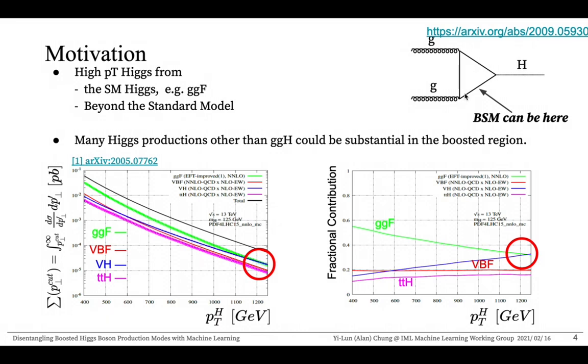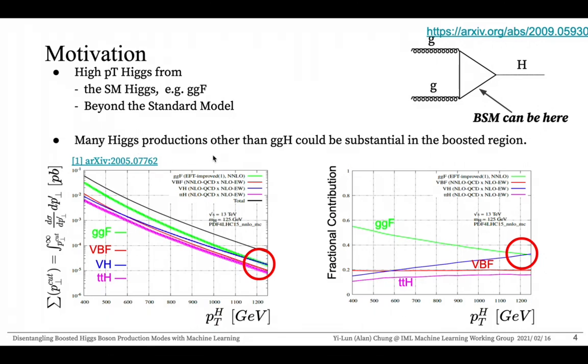The same loop could potentially receive contributions from beyond standard model particles. This could provide an enhancement of the Higgs production. Therefore, a study at high transverse momentum has a chance to probe potential heavy beyond standard model particles.